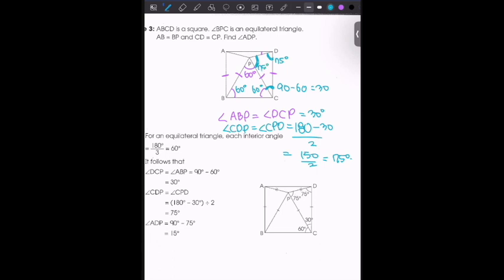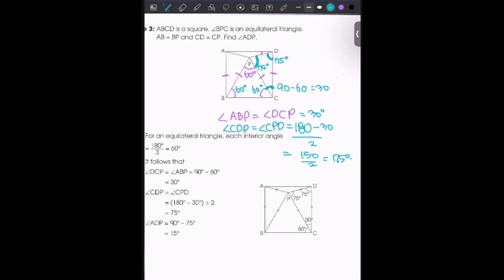And so, again, it's a square, so angle ADC, this angle, is a 90-degree angle, a right angle. And this angle is what we're trying to look for. So we're trying to look for angle ADP right here.